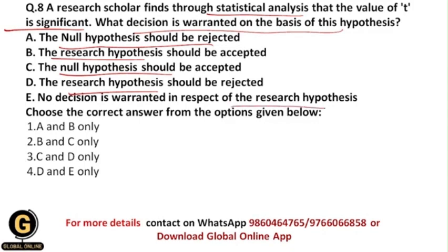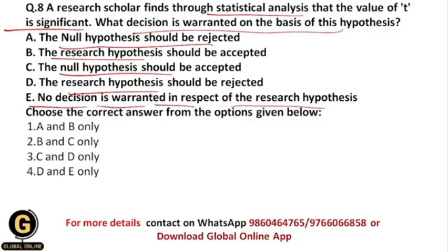As I have told you earlier, whenever we reject the null hypothesis, then obviously we need to accept the research hypothesis and vice versa. The null hypothesis basically states that there is no difference or no relationship between the variables, but the research hypothesis alternatively tells us that there is a difference or relationship between the two variables.